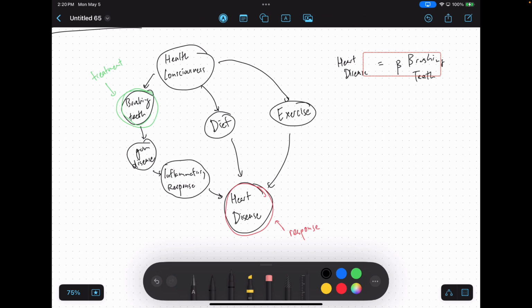So essentially the problem with adding in a mediator is you have kind of this confounding effect where you have correlated variables both contributing to an output, right? You wouldn't really know what the effect of gum disease or inflammatory response was if you included both. Yeah. They both have variation. Yeah, so you typically assume some kind of independence of your explanatory variables.